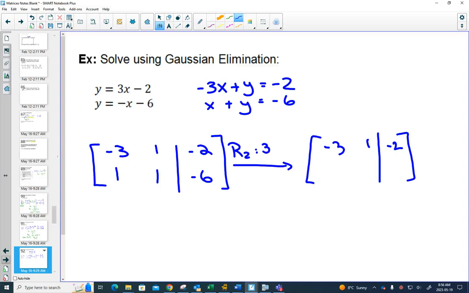Makes sense that you could take 3 row 2's and add it to row 1. But is it wrong if we say R2 plus 1/3 of R2? No, it's not wrong. The only thing with 1/3 is your chances of making a mental math mistake using 1/3.